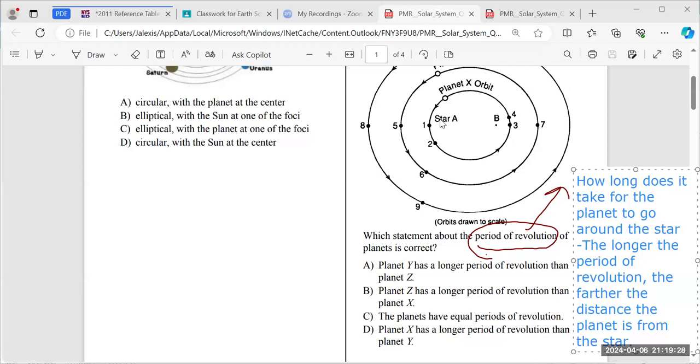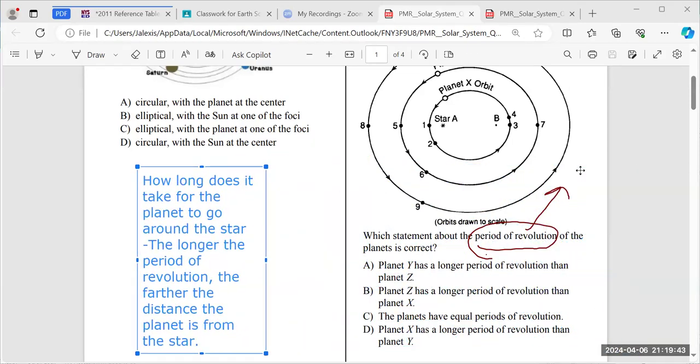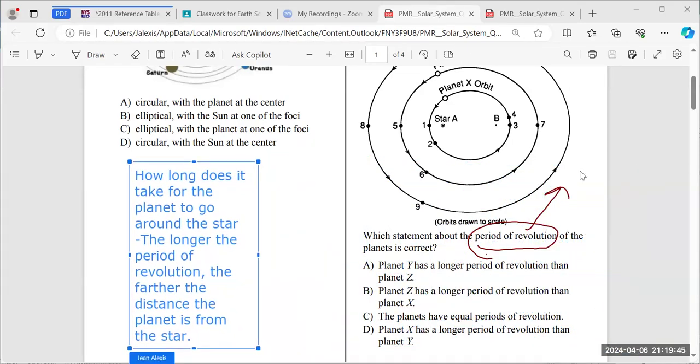So that means if you have a planet that's very close to a star, it's going to have a very short period of revolution. That's something we are going to keep in mind. It says which statement is correct. So let's take a look.